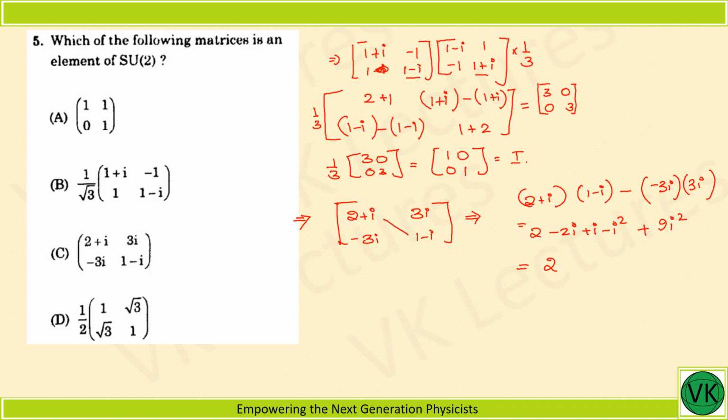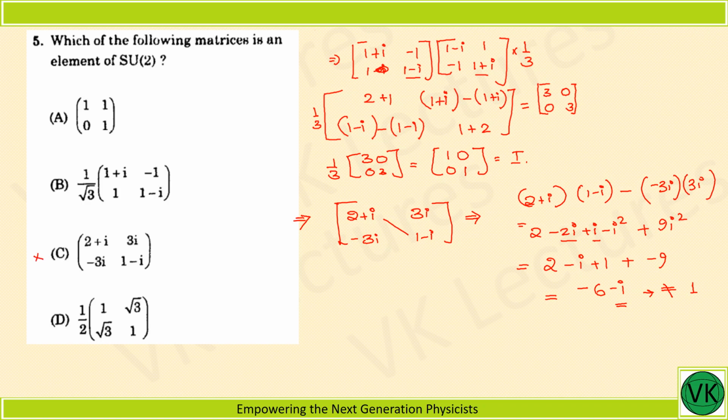Minus 2i plus i becomes minus i, minus i squared becomes plus 1, and 9 i squared becomes minus 9. This becomes 2 plus 1 is 3, minus 9 is minus 6, so minus 6 minus i. Now this is a complex number and it is not equal to 1. So the determinant is not equal to 1, so you can readily remove this option.